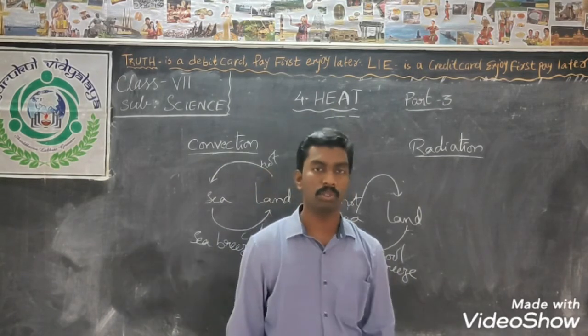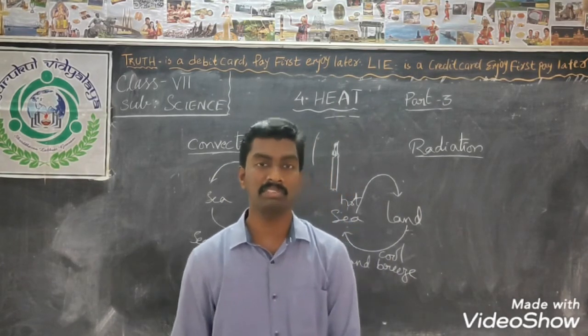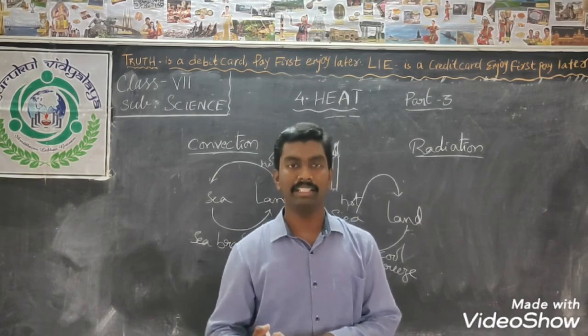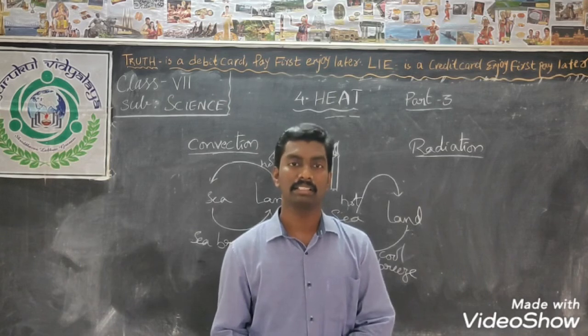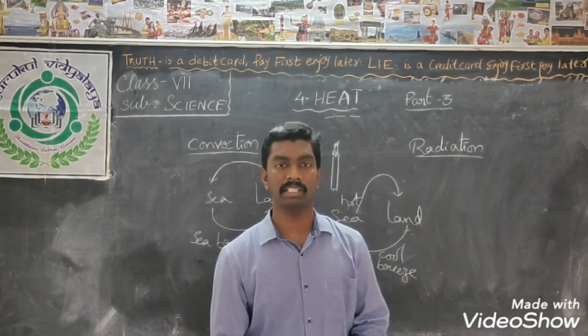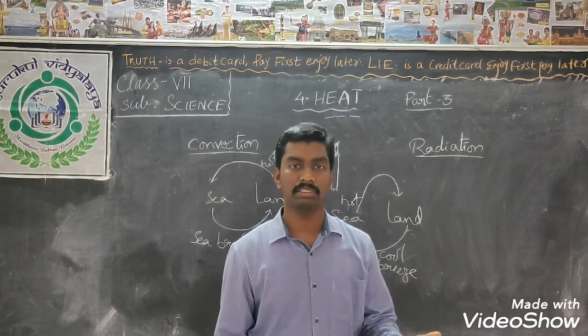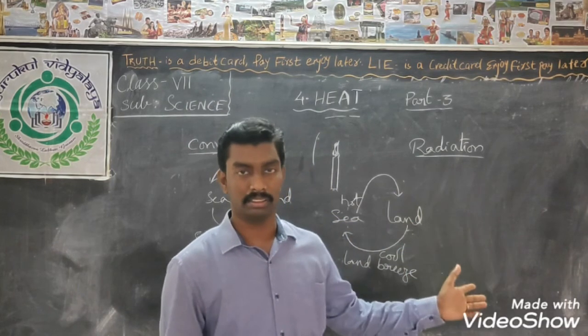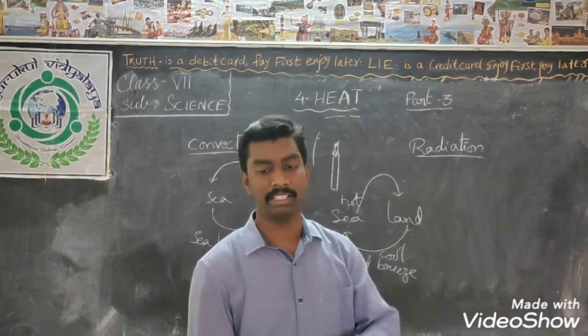In the previous modes, conduction and convection, some medium is there: solid, liquid, or gas. They work as a medium there. But for radiation, whenever there is no medium, radiation takes place.